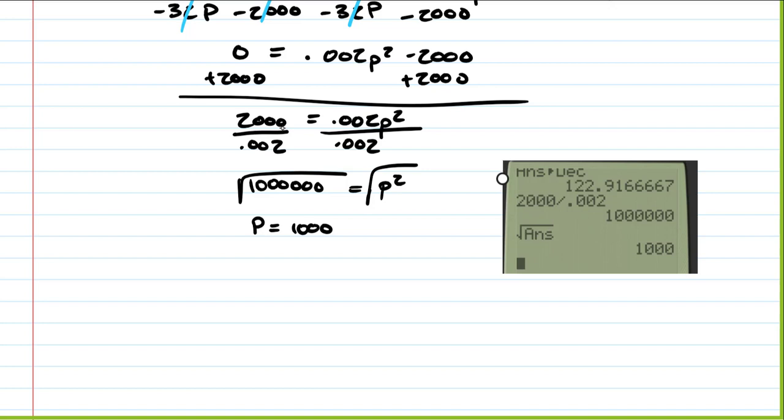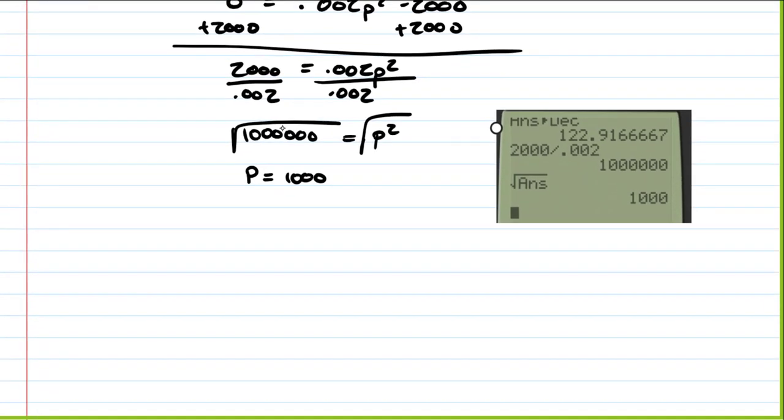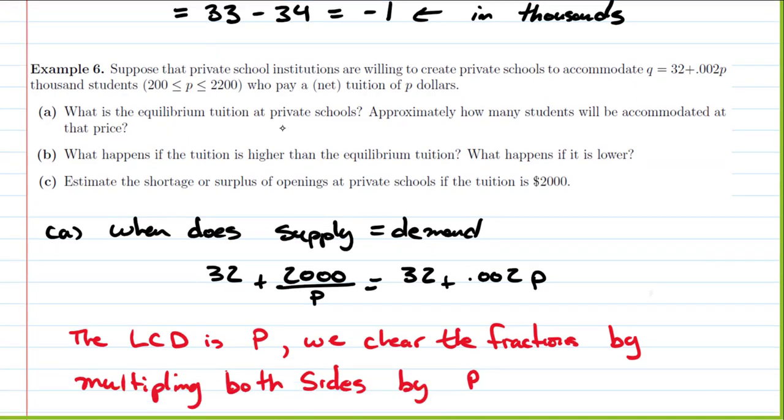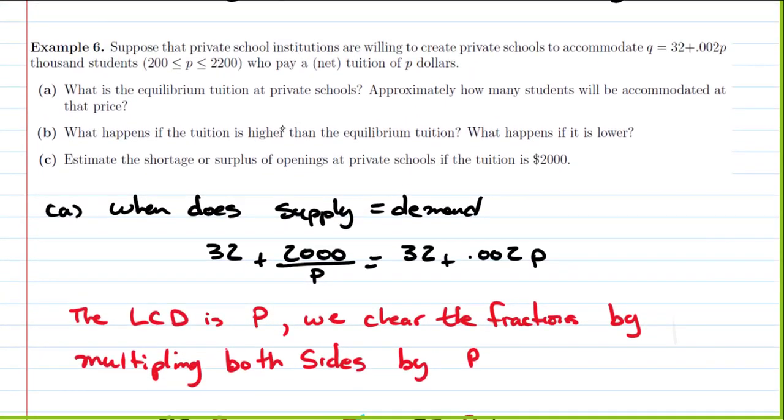So we get that our equilibrium price is p equals 1,000. Now we can calculate the supply and the demand by using this p-value in each of the equations that was given.